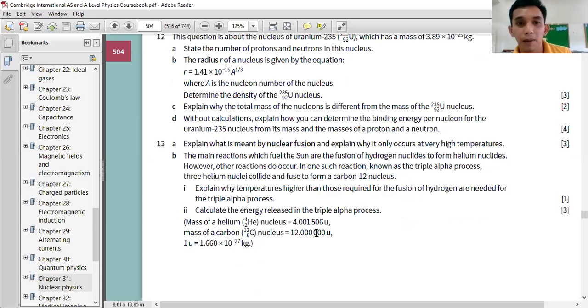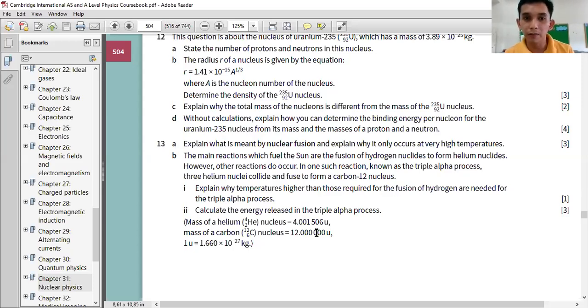Explain what is meant by nuclear fusion and explain why it only occurs at very high temperatures. This one you can see the answer from your textbook. And then for 13B, the main reactions which fuel the sun are the fusion of hydrogen nuclides to form helium nuclides.